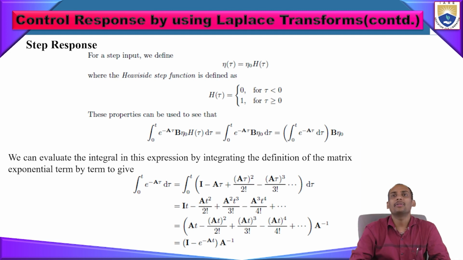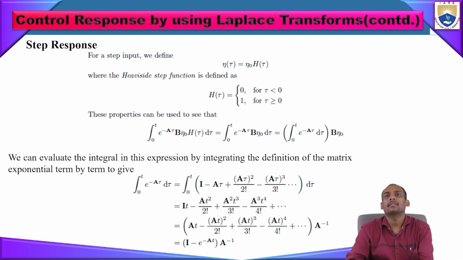So the integral from 0 to t of e power A tau into B eta naught h of t equals the integral from 0 to t of e power minus A tau d tau into B into eta naught. If you write h of t in exponential form, you can write it like that.